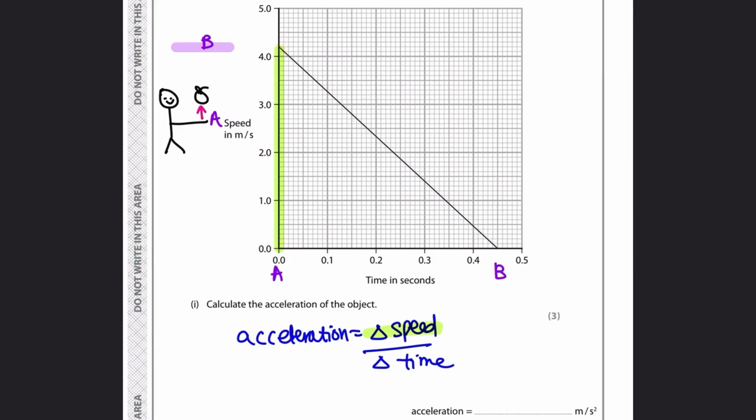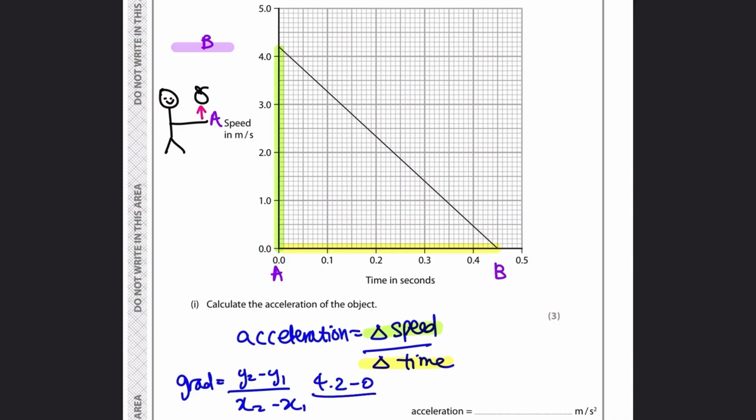And then for the change of time, that is the bottom, right? So this is really the gradient. If you guys remember, gradient is equal to y2 minus y1 over x2 minus x1, right? So y2 is this number, that's 4.2, and y1 is just 0.